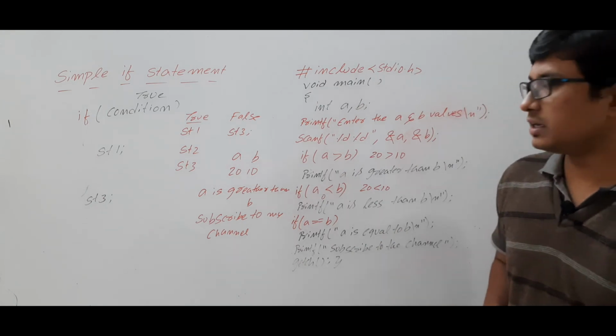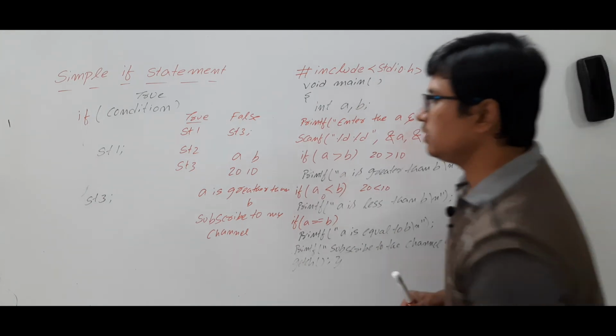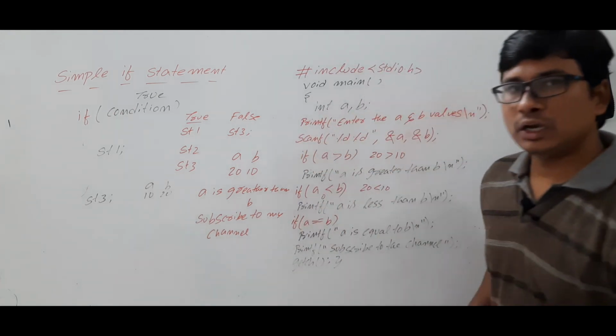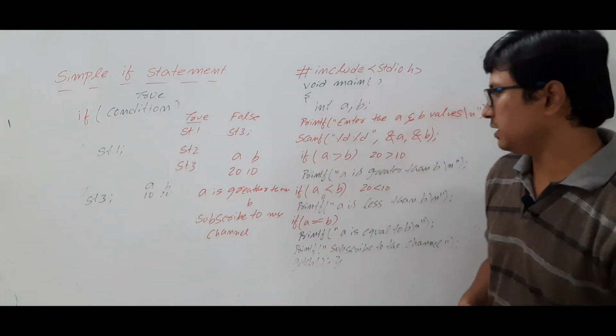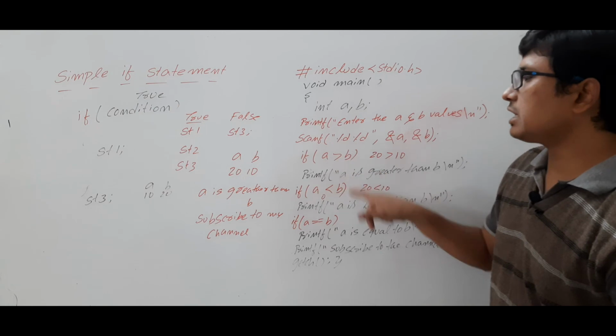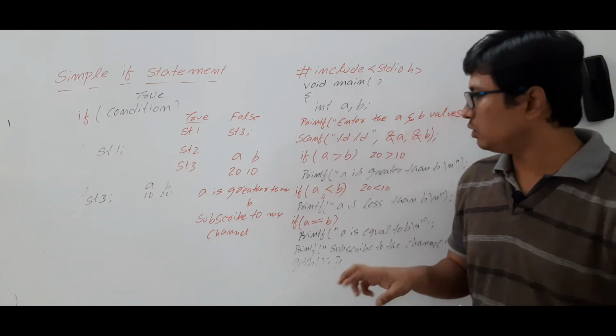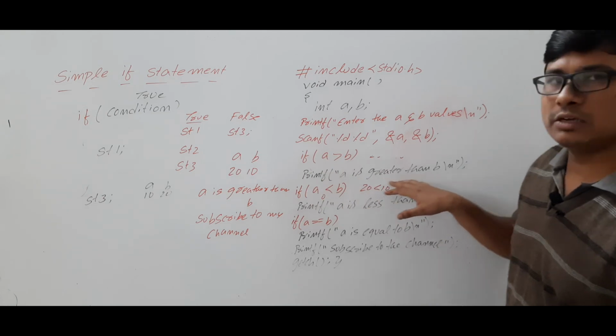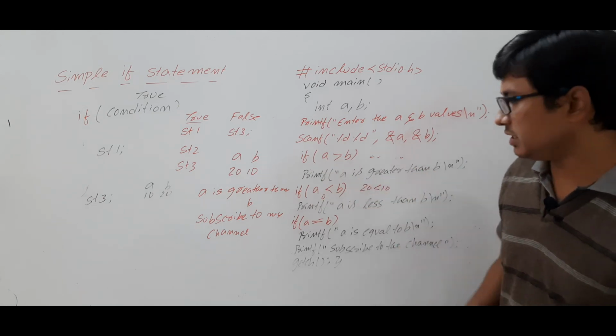Now to make you understand, let me take the a value as 10 and the b value as 20. Now what will be the output displayed? Tell me, a is greater than b, is 10 greater than 20? No, this condition will be false. If this condition is false, the statement in this printf will not be executed.